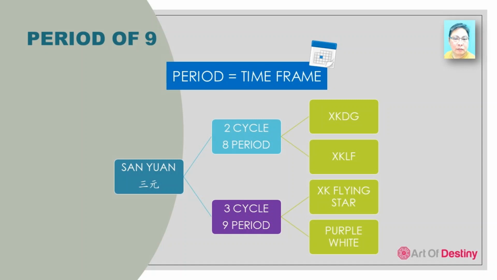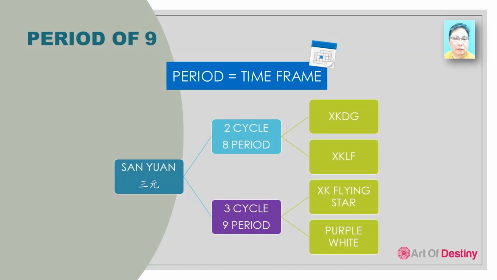The reason is that some of you are probably beginners, or practitioners who want to listen to what I'm trying to say, and some of you may be lay people who don't know much about Feng Shui but hear a lot about this period 9. This 3-cycle 9-period system is part of Xuan Kong Flying Star.